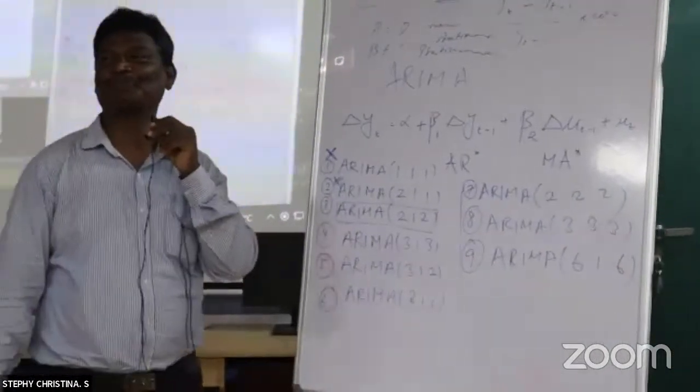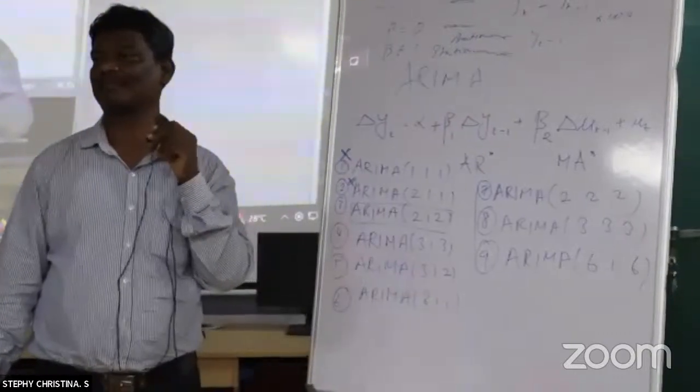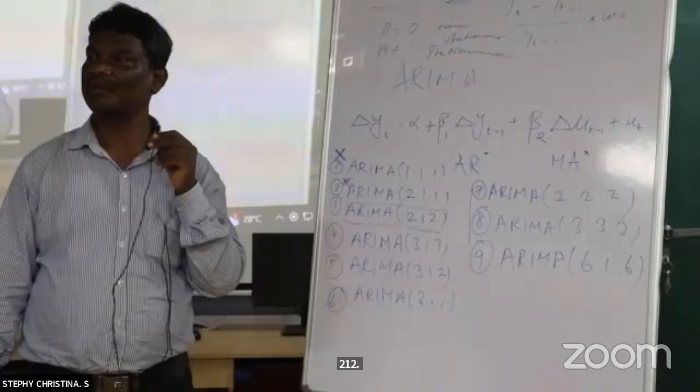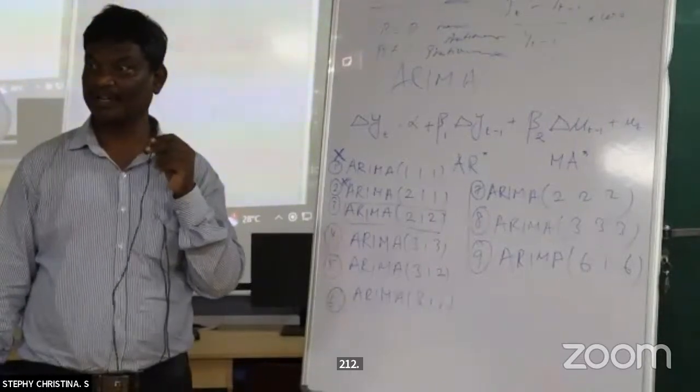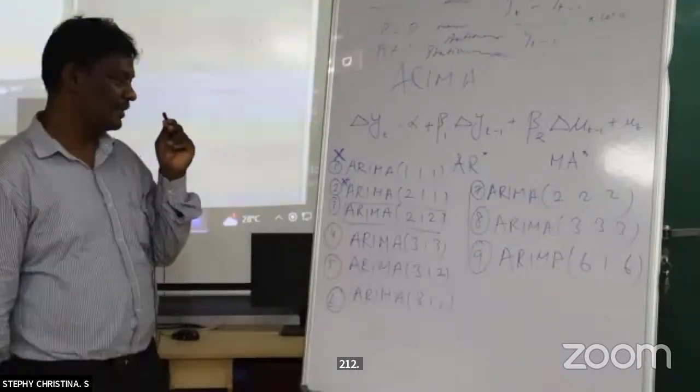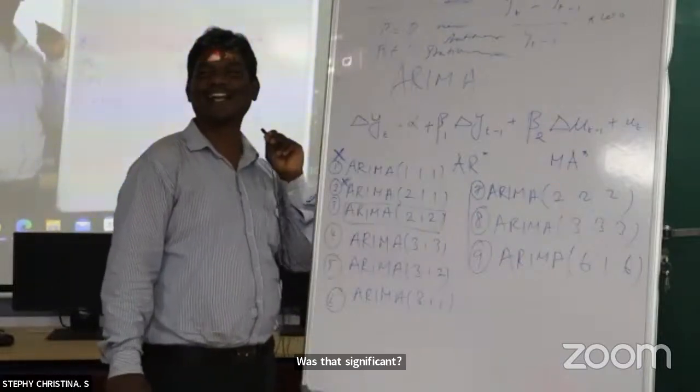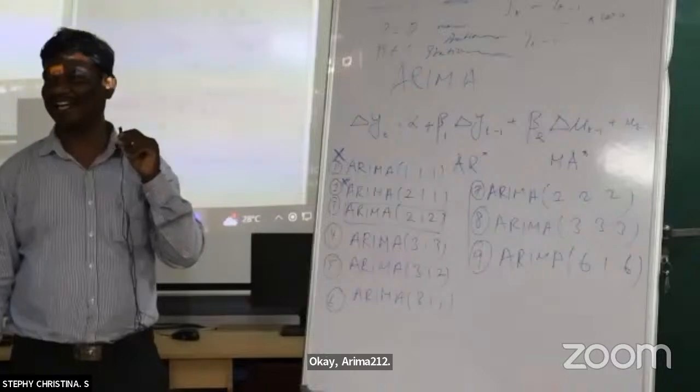Two and two. Both are significant. Okay. ARIMA 2 and 2. Both are significant, right?